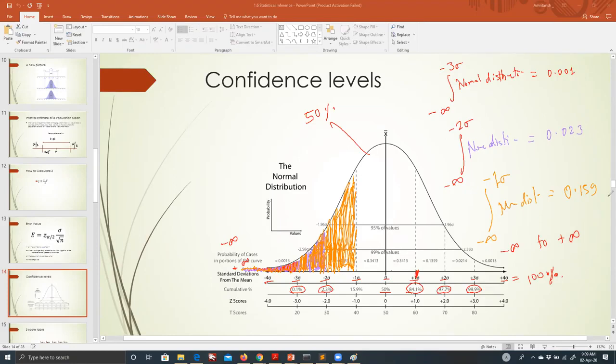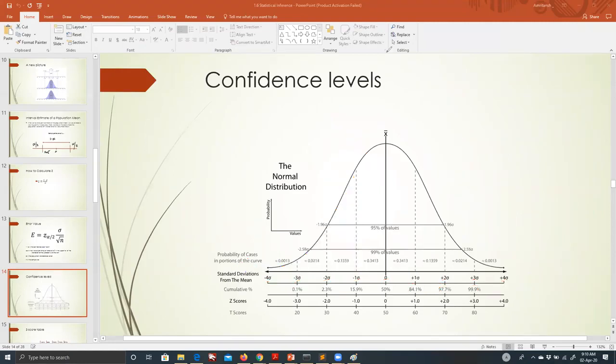So what is z-score exactly? If you look carefully, z-score is nothing but the real value associated with the sigma. It's like a coefficient value.